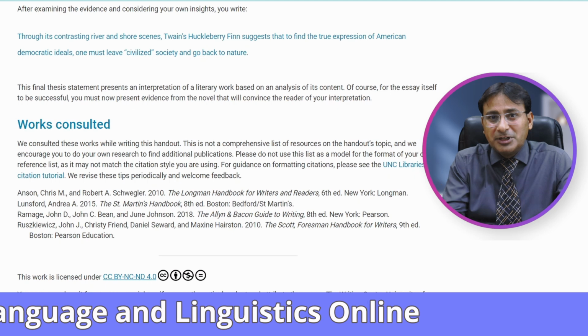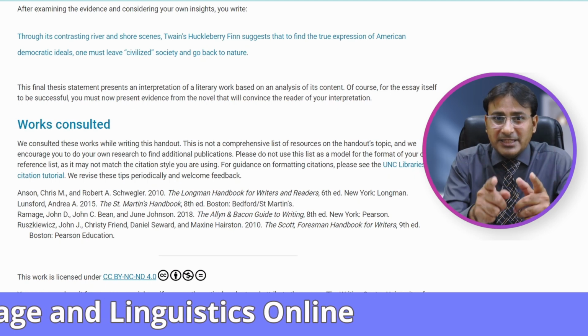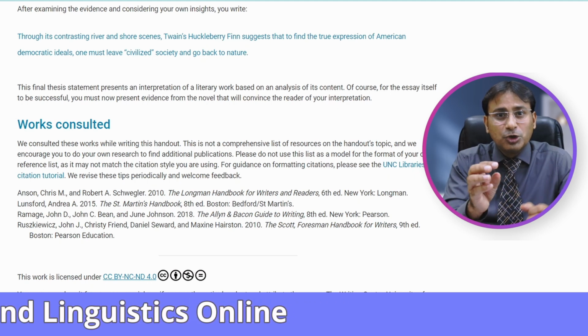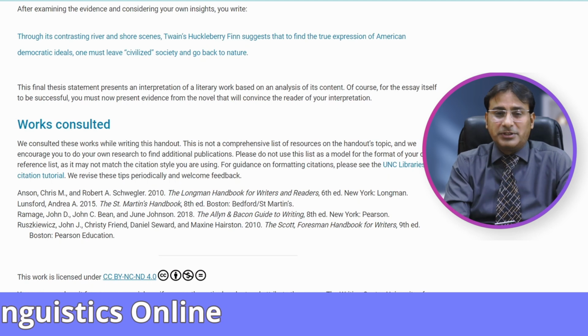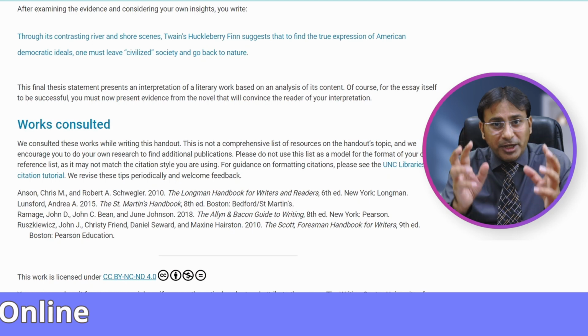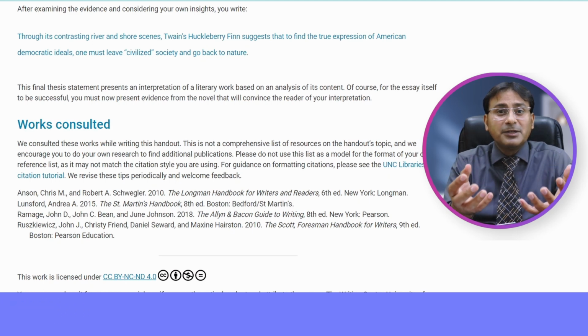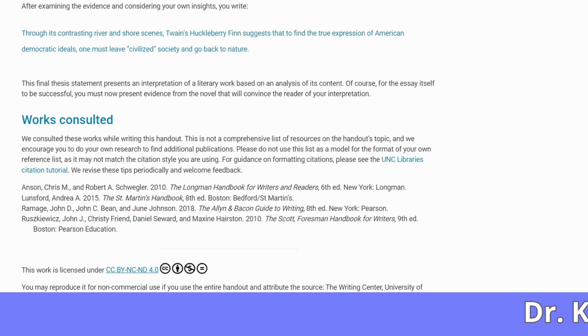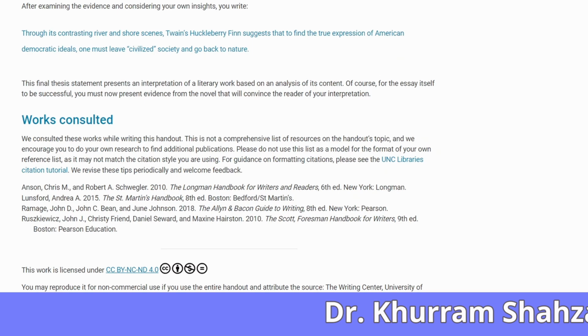So direction is given to the reader. When the direction is there, when the claim is there, your thesis statement is the right kind of thesis statement. Throughout the body of the essay, you will be bringing different kinds of arguments, and these arguments will convince the reader. In this way, you will be producing a good essay.